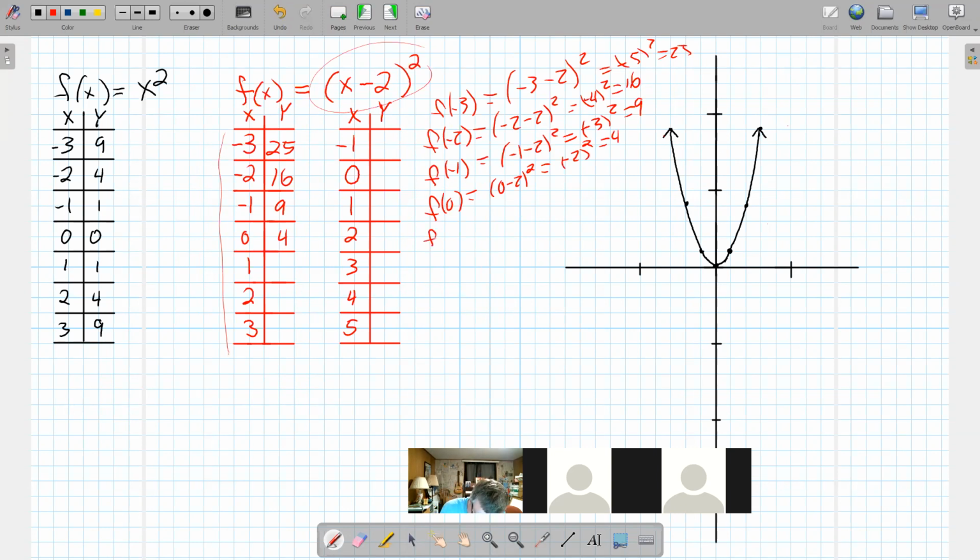If x is 1, f of 1 equals (1 minus 2) squared, which is (-1) squared, which is 1. If x is 2, f of 2 equals (2 minus 2) squared, which is 0 squared, which is 0. If x is 3, f of 3 equals (3 minus 2) squared, which is 1 squared, which is 1.